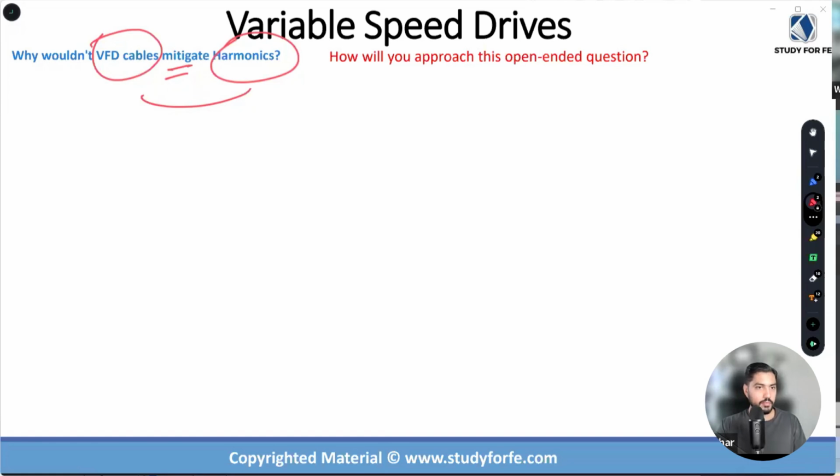So are we actually mitigating the harmonics by using VFD cable? Strictly speaking, we are not, right? Strictly speaking, we are not. An analogy that comes to my mind is, if you think about arc flash, by wearing PPE, are you mitigating arc flash?